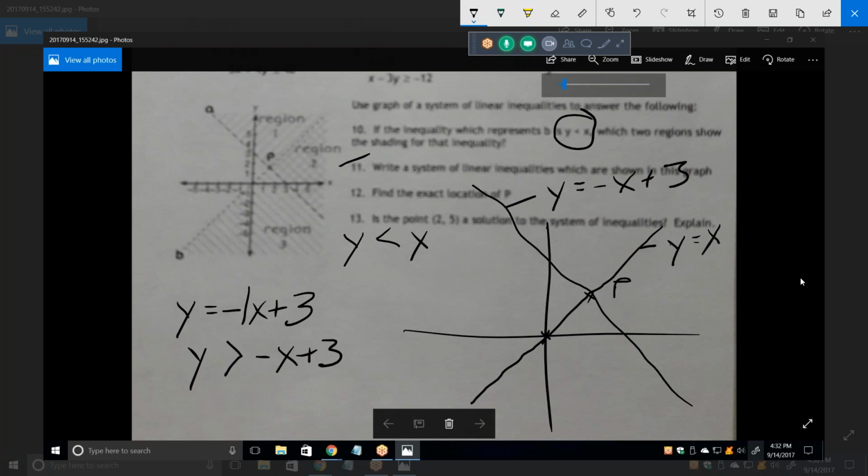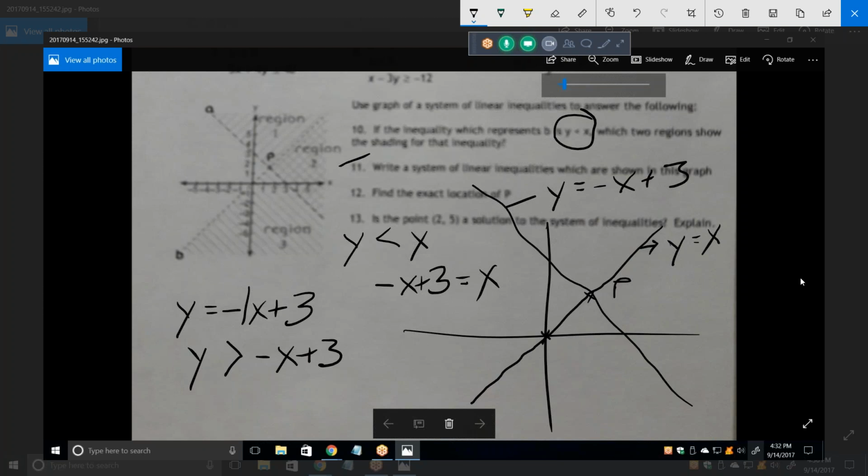So you can do substitution. So you can plug in negative x plus 3 into the y below. Oh, sorry, that's y. Okay, so let's do that. Minus x plus 3 equals x. Now solve that.